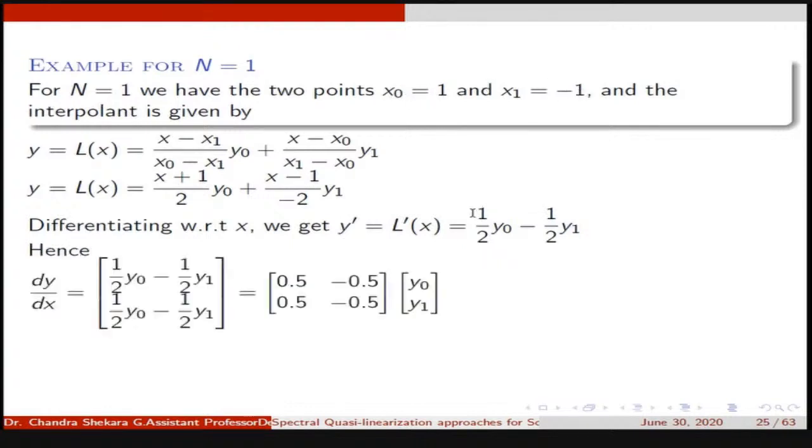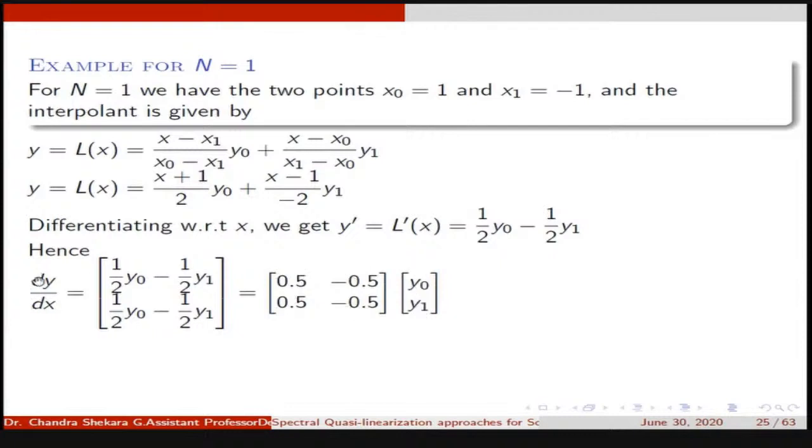Then we can write that in the form of a matrix. Y naught and y1 are unknown, so we can represent this as a 2 by 2 matrix with the entries 0.5, minus 0.5, 0.5, and minus 0.5, into the vector y naught, y1. This is the differentiation matrix.